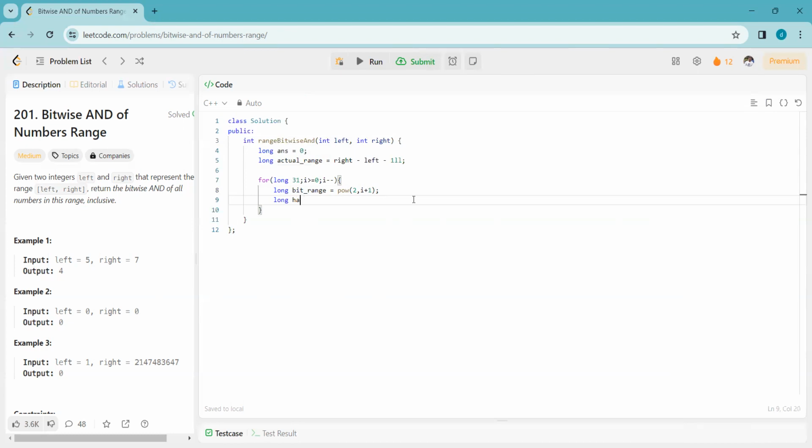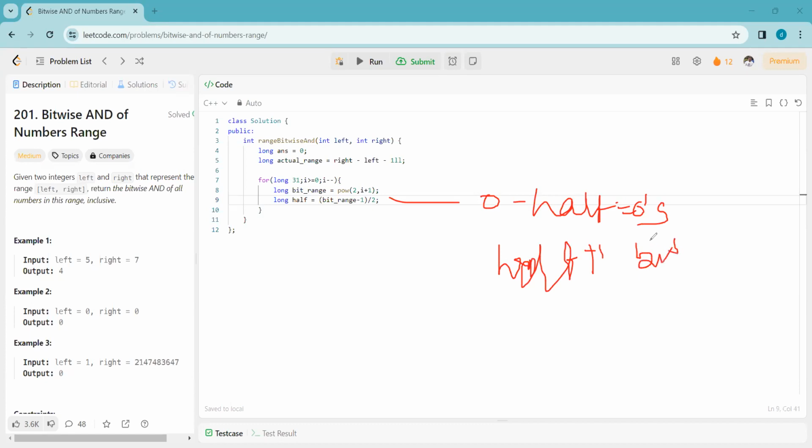We will find the half of this number. It will be bit range by 2. So this indicates from 0 to half, our number will be 0. And from half plus 1 till bit range, our numbers will be ones.